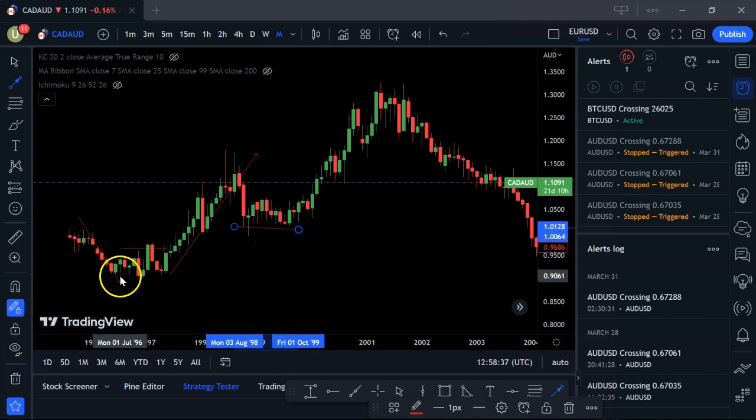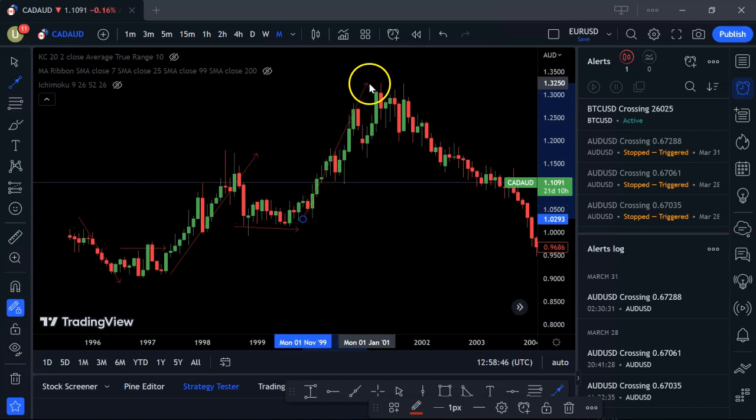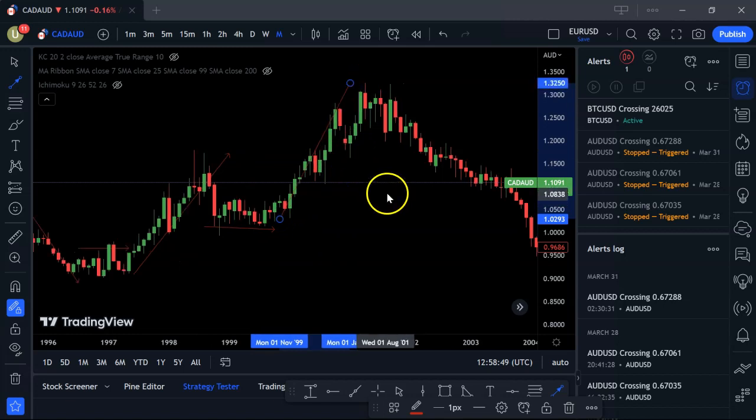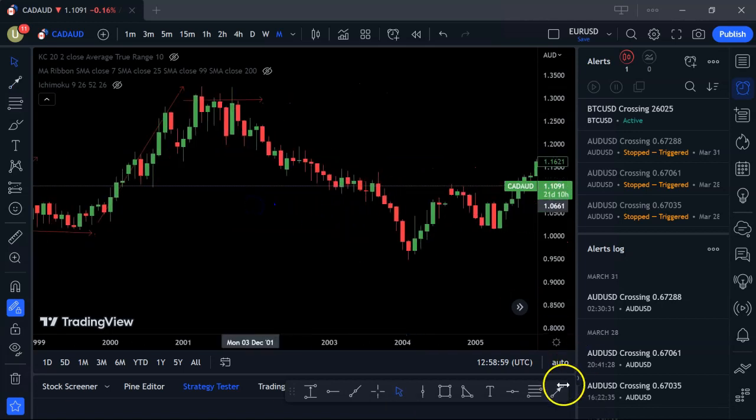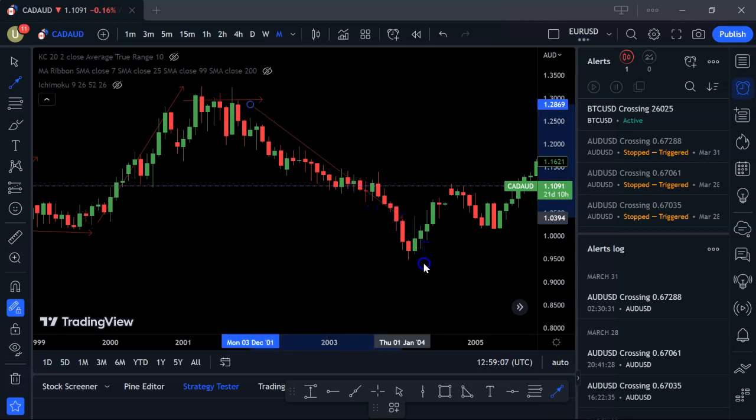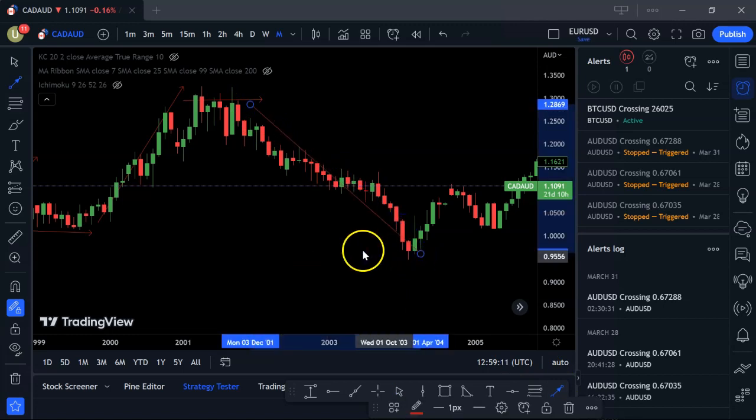You have downtrend, uptrend, and ranging. So it ranged sideways here, and then it traded upwards here, and it goes on and on. It traded sideways a bit here, and then down here it traded downwards here.